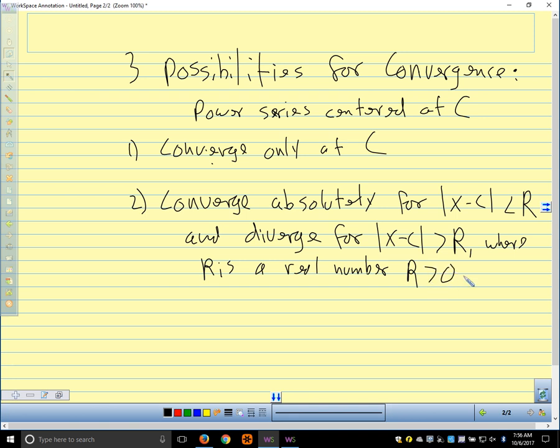So we have some range of x values for which our series converges.